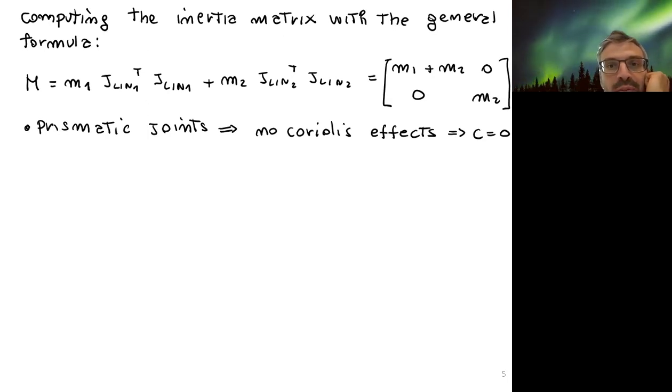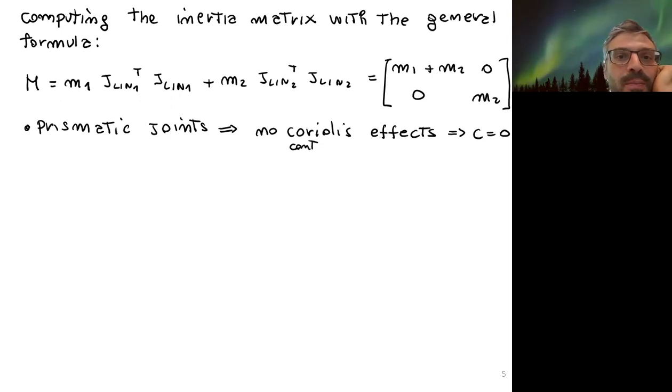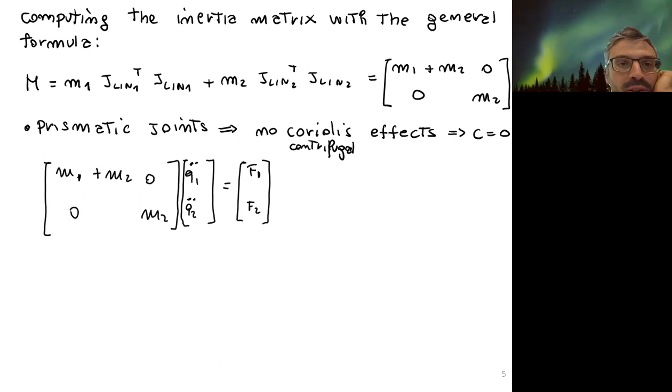And so the Coriolis and centrifugal effects are zero for prismatic joints. So Coriolis and centrifugal we will see only when there are rotational joints. We put everything together. This is the model. We have no gravity terms because we are on the horizontal plane. And instead of torques, we have forces here because we are talking about prismatic joints.